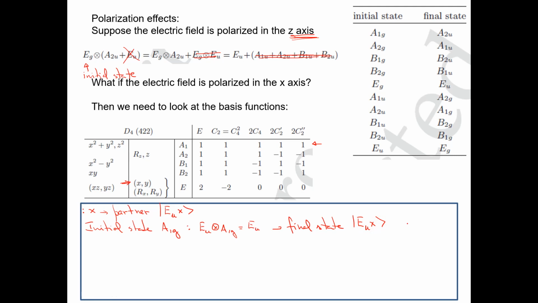Otherwise, the matrix element, the scalar product, would be zero.